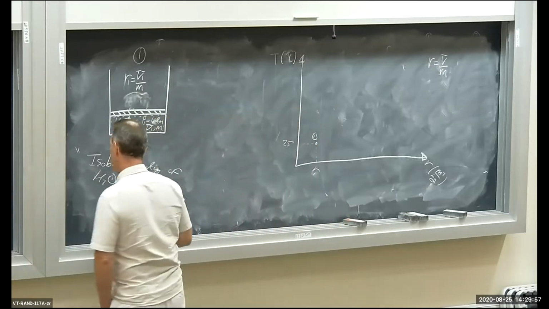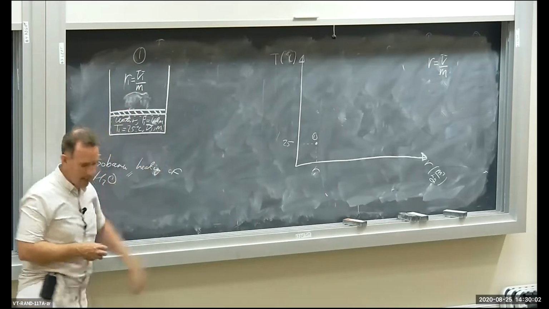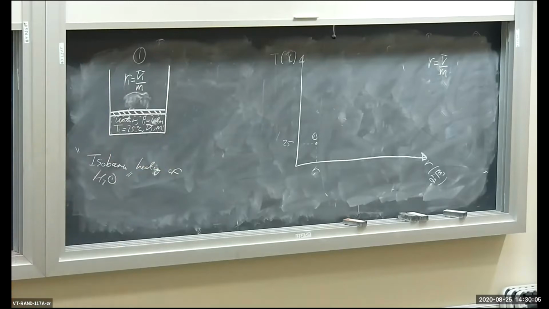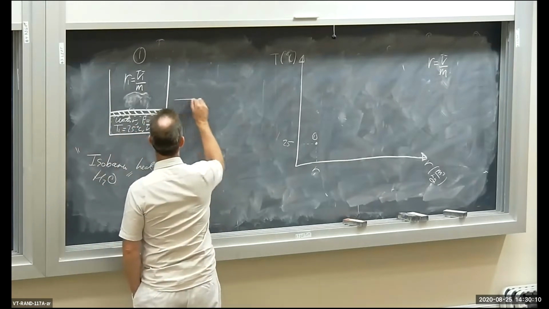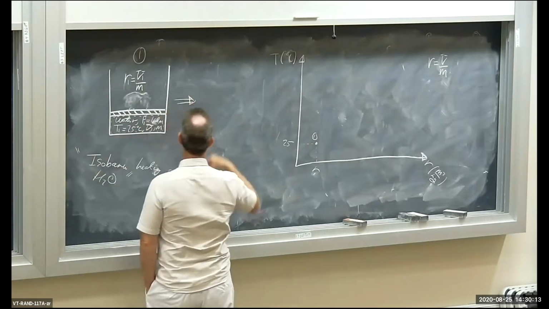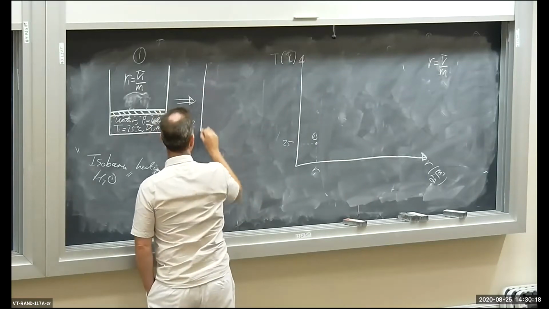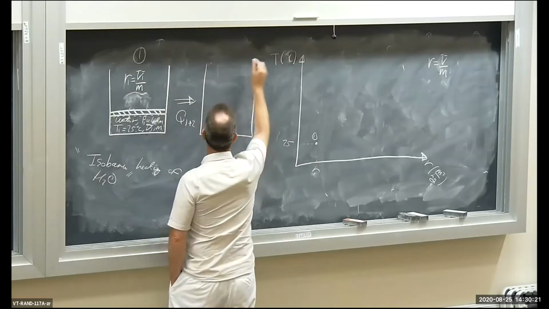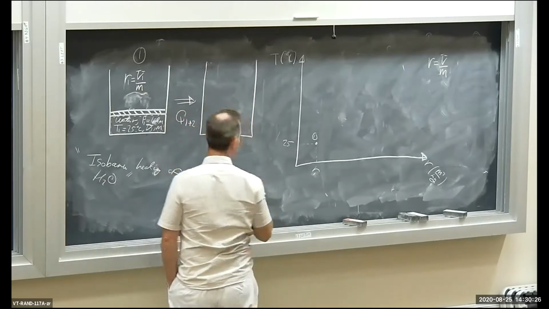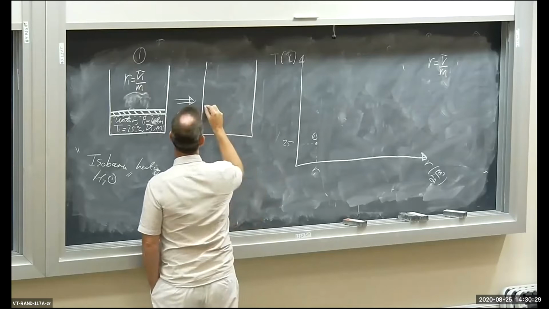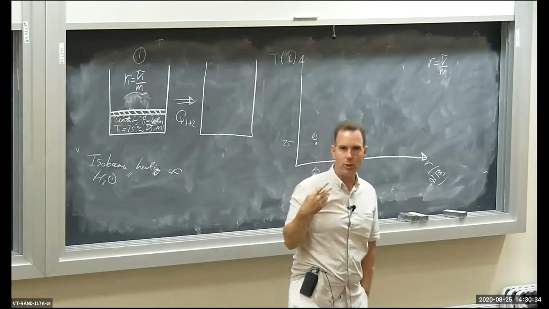Now I'm going to add some heat, and I'm going to add it isobarically. I'm going to let this piston move up or down, maintaining the pressure constant inside of the piston cylinder device. So we're going to add heat Q1 to 2, until the temperature goes up to, let's say, 90 degrees C. As I heat the water, it should expand a little bit.